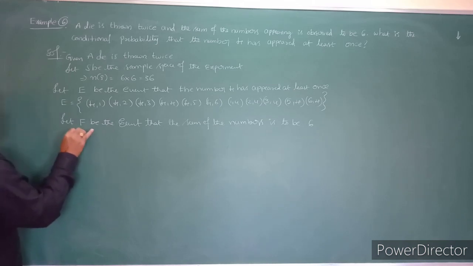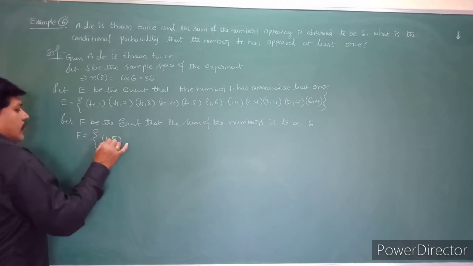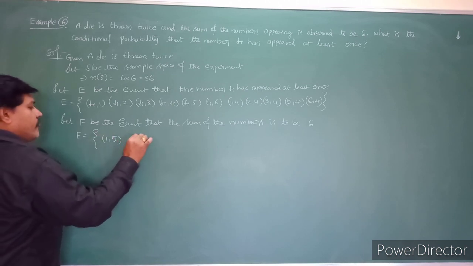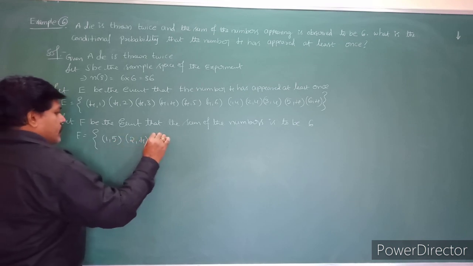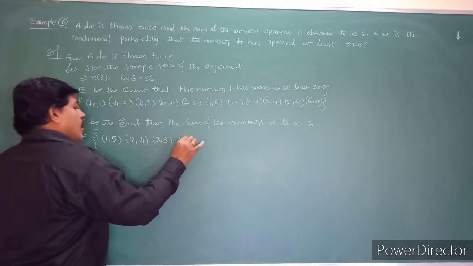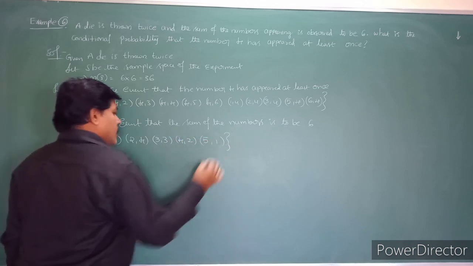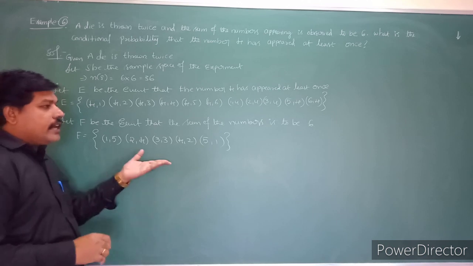What is F, students? You have to get the sum 6 only. So what are the possibilities? 1,5; next 2,4; next 3,3; next 4,2; next 5,1. So these are the possible chances where the sum is 6.